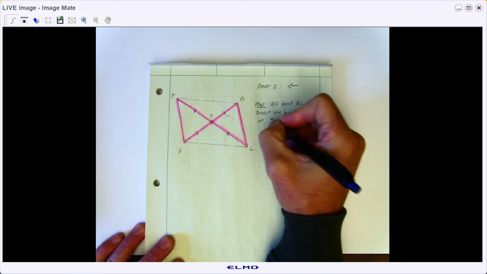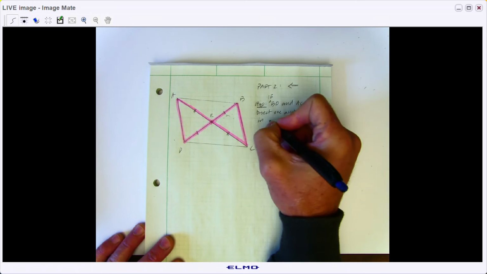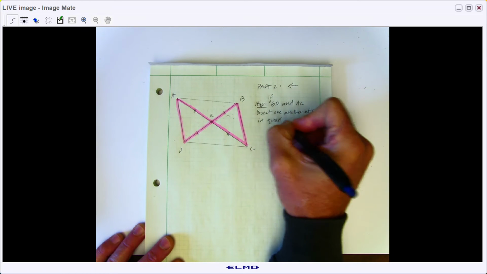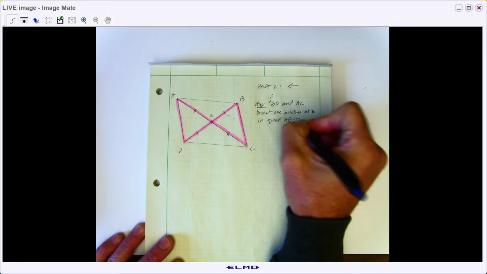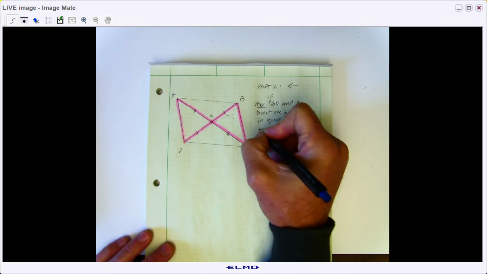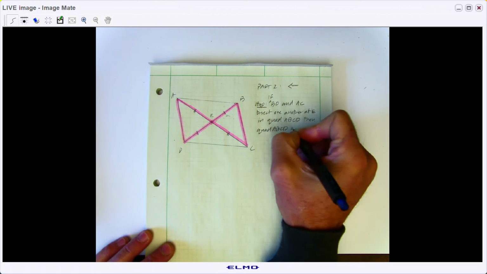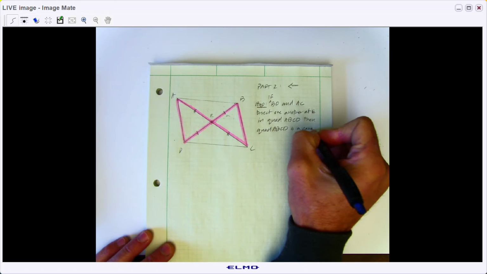in, and maybe I should put an if here, in quadrilateral ABCD, then quad ABCD is a parallelogram.